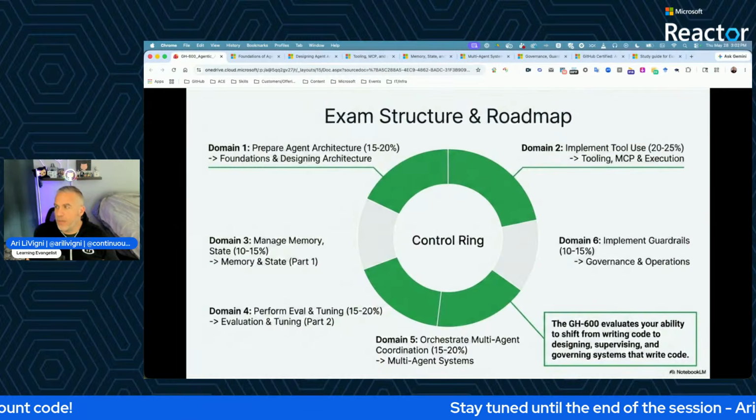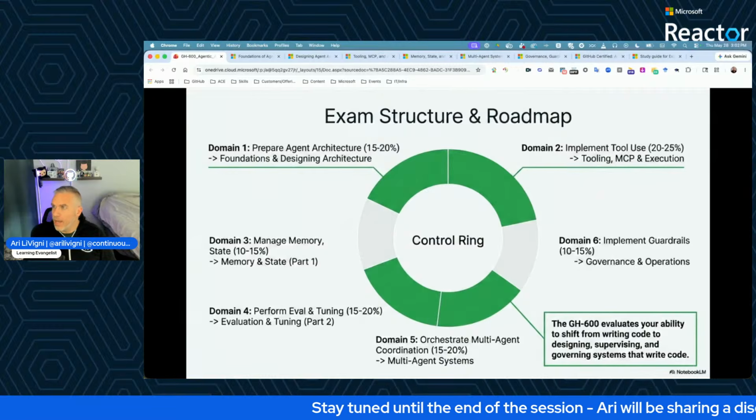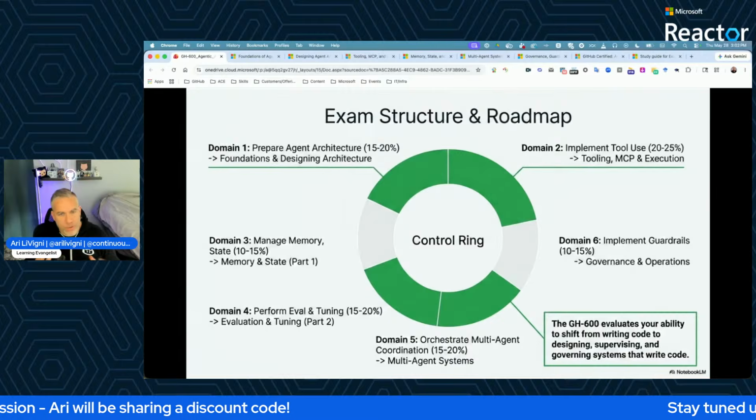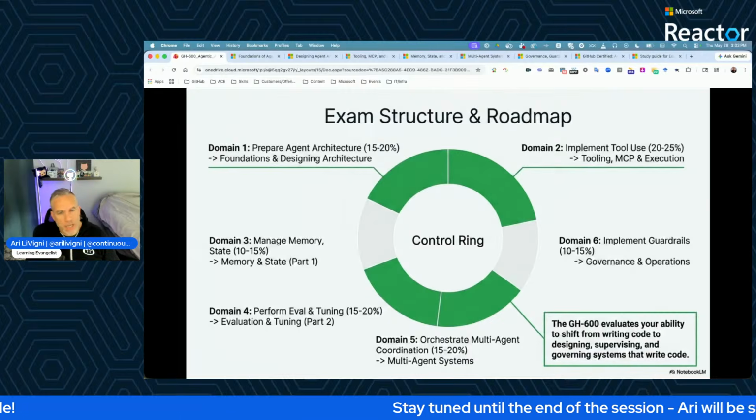We have 6 domains, and domain 1 is the foundations and the architecture. 15 to 20% of the exam is focused on that. Managing memory is a little bit less, 10 to 15%.